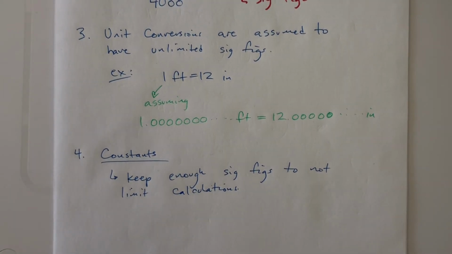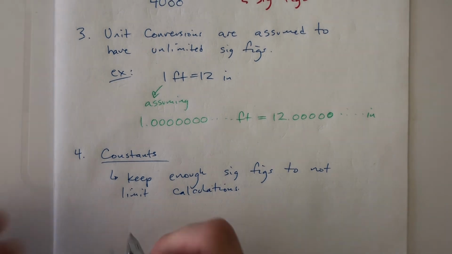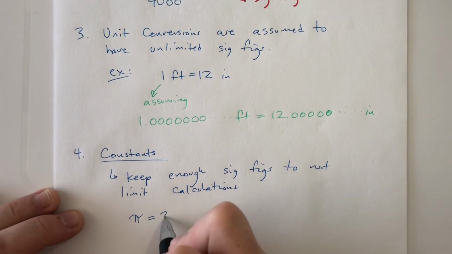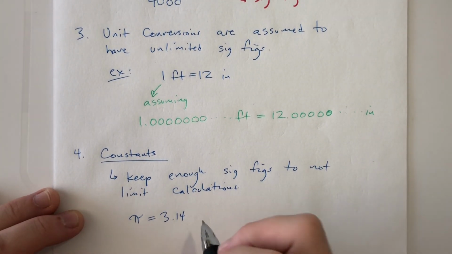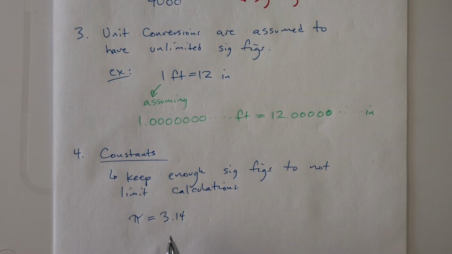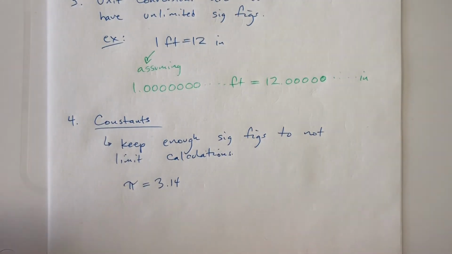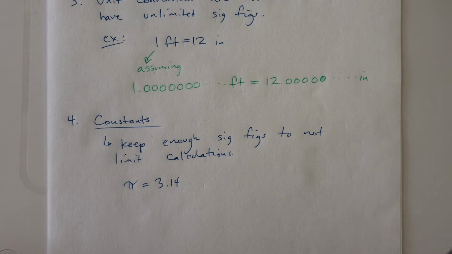Okay, so for example, if you have pi, this can be written as 3.14. But if you had a calculation that's going to have like 6 sig figs, this would limit the accuracy of all your measurements when you're doing calculations. So just basically it's almost easier to hit the pi button on your calculator or insert the symbol pi.